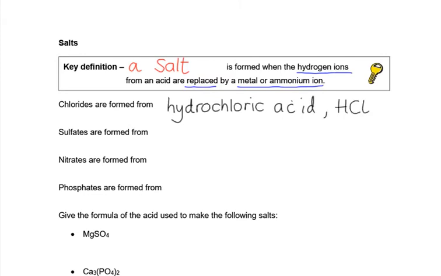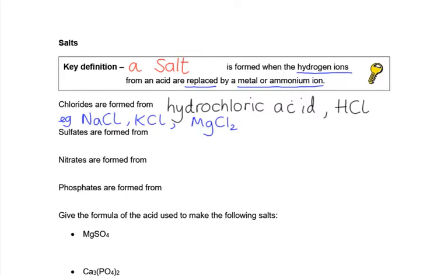And if I swap the H in HCl for a metal, I could get NaCl, KCl. If I swap it for magnesium, I do need to remember that magnesium is 2+, so to balance it I'll need 2 chloride ions, MgCl2, but I'm swapping the H's for metals. So these salts are made from that hydrochloric acid.